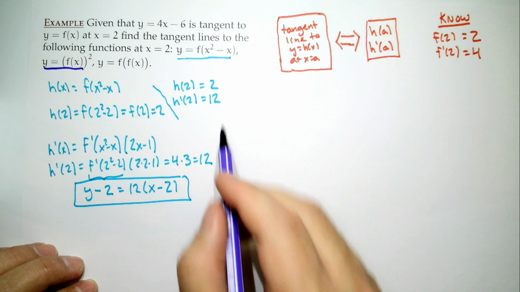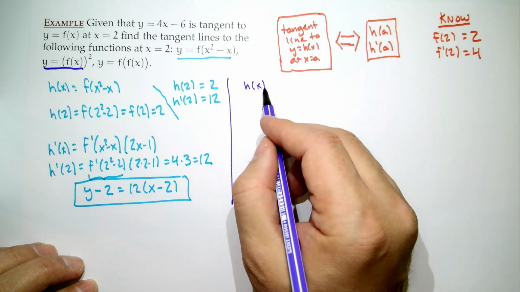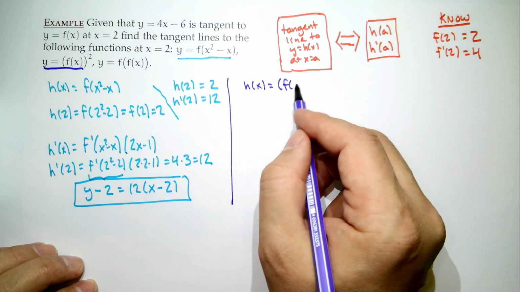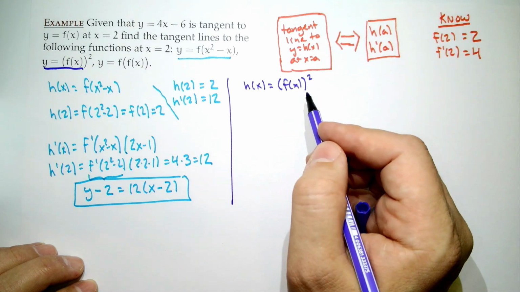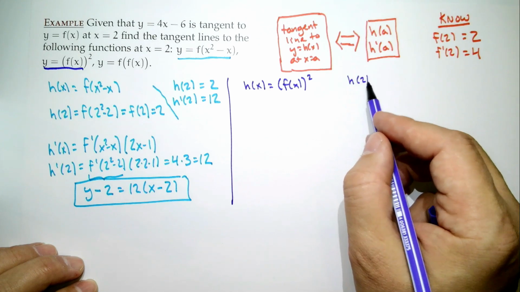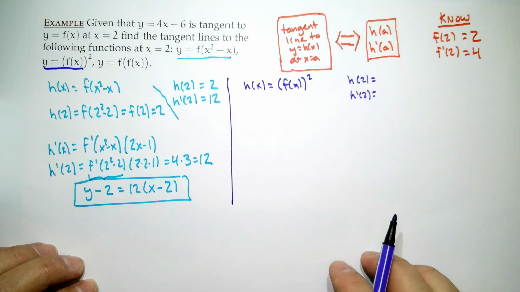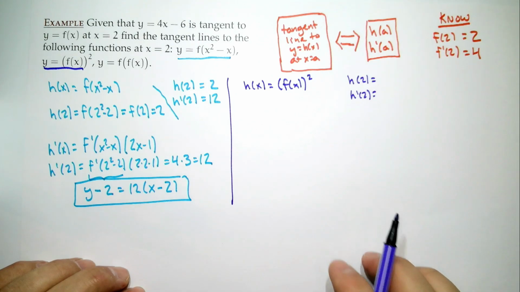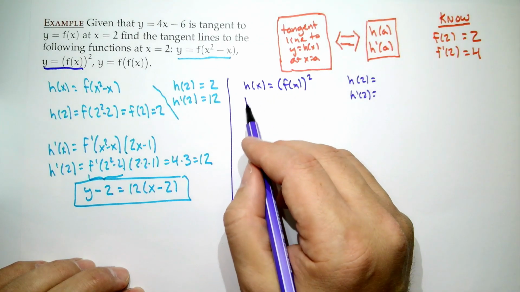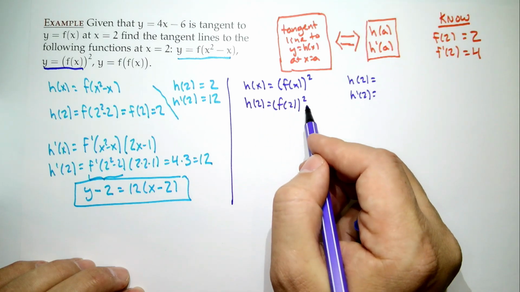f of x squared. So I'm going to call h of x, just for convenience, f of x squared. And remember, we are still playing the same game. We want h of 2, we want h prime of 2. So, how do we begin? Plug in 2. So h of 2 would be f of 2 squared.